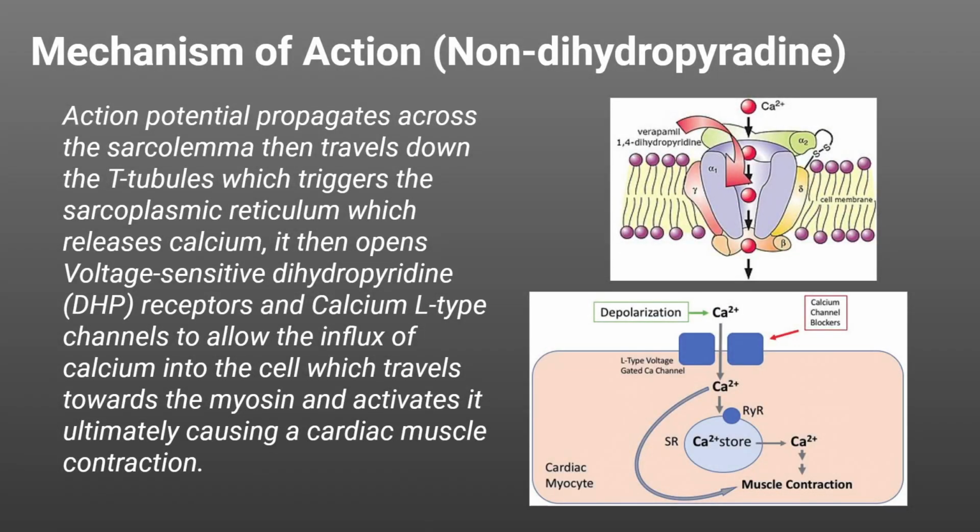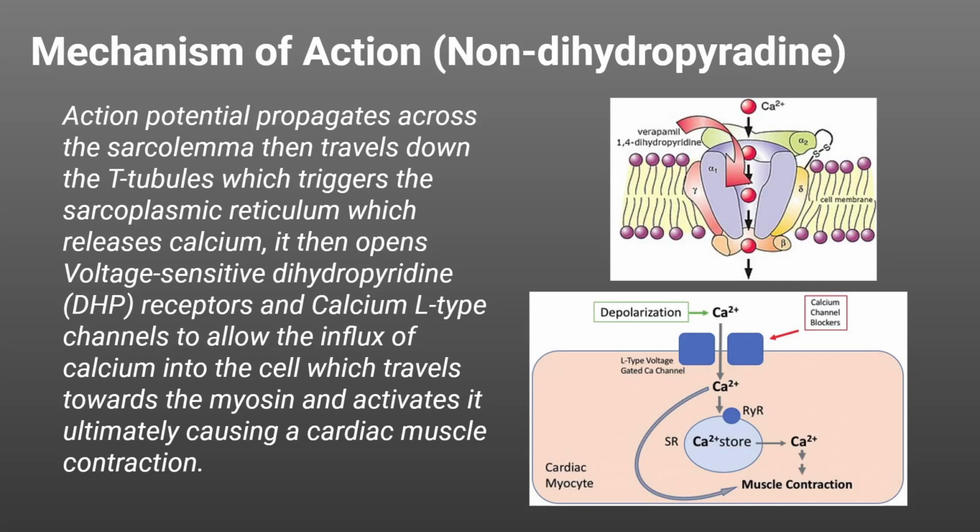Now, essentially, the mechanism of action for non-dihydropyridines usually works on the heart in this case. So, action potentials propagate across the sarcolemma and travel downwards the T tubules, which triggers the sarcoplasmic reticulum, which in turn releases calcium.